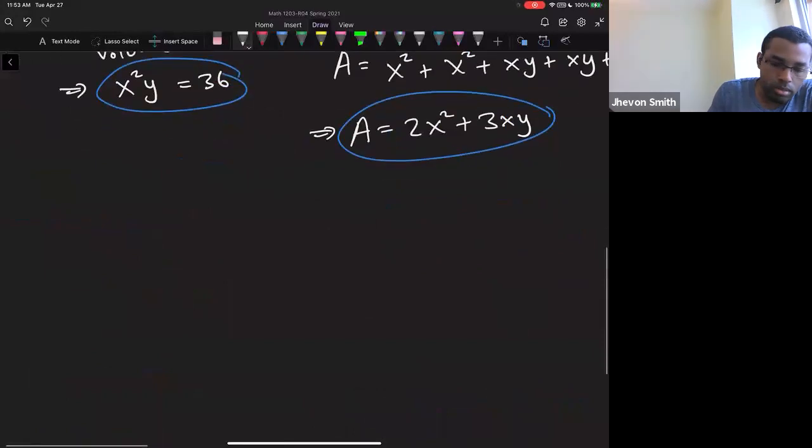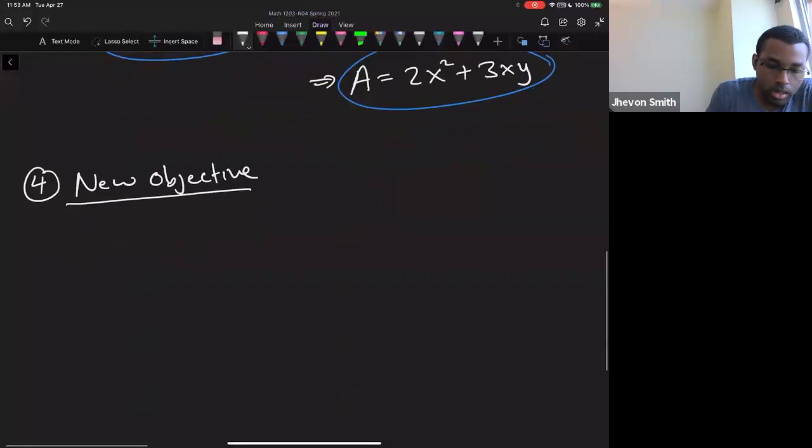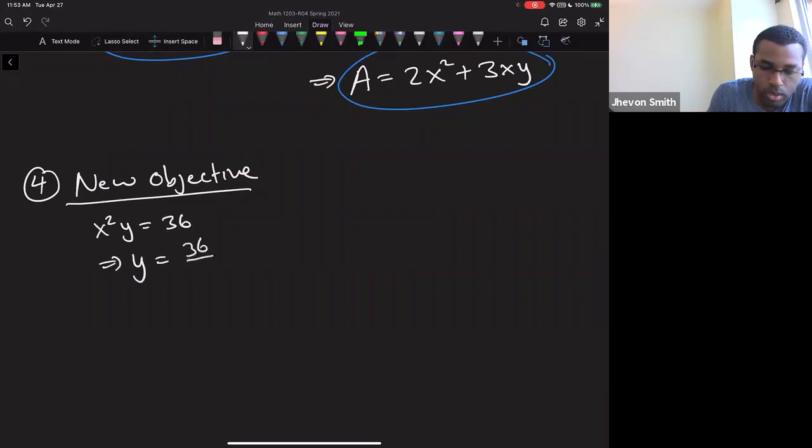Now, of course, that's not super usable. So the 4th step is to find a new objective by using the constraint to help us. So we know that x squared y equals 36. This means that y is equal to 36 over x squared, right?